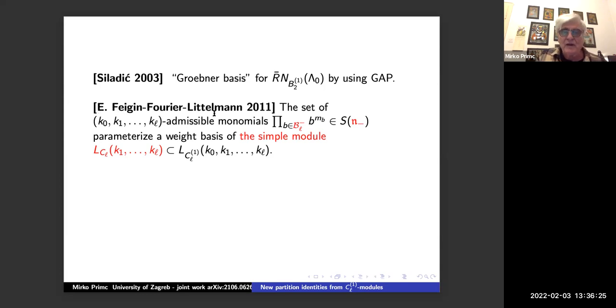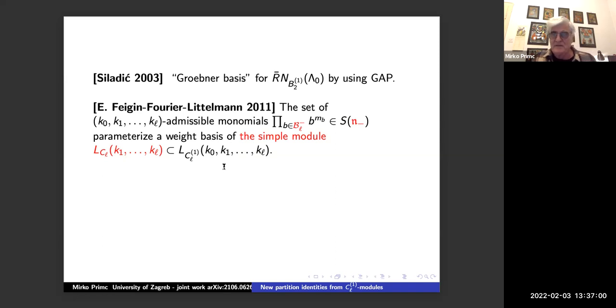Feigin, Fourier, Littelmann proved that the set of K0 to KL admissible monomials, but with B in finite dimension, B L minus, which is in the symmetric algebra of N minus of finite dimension, parameterizes a weight basis of the simple module on the top of our standard module.